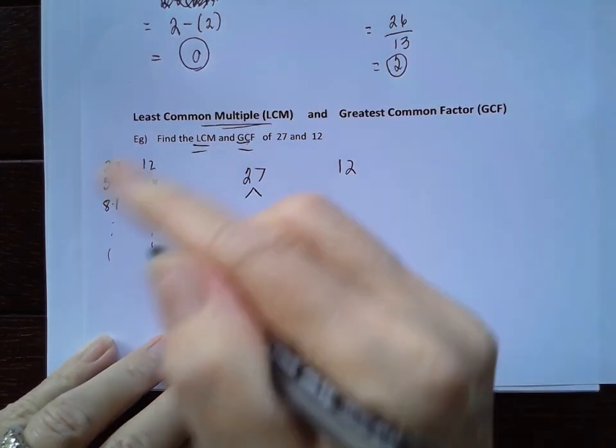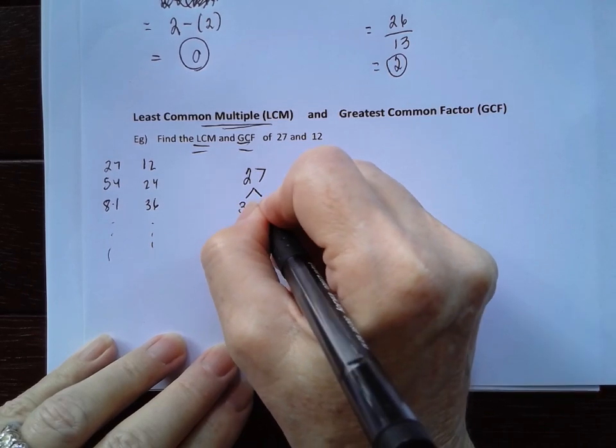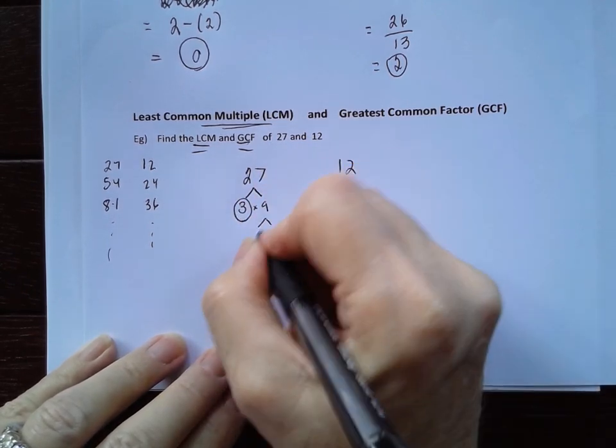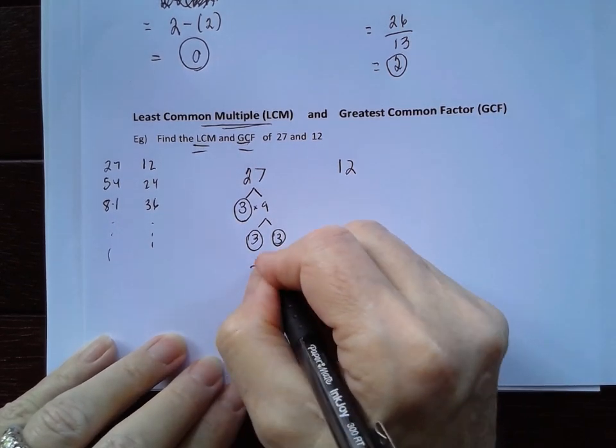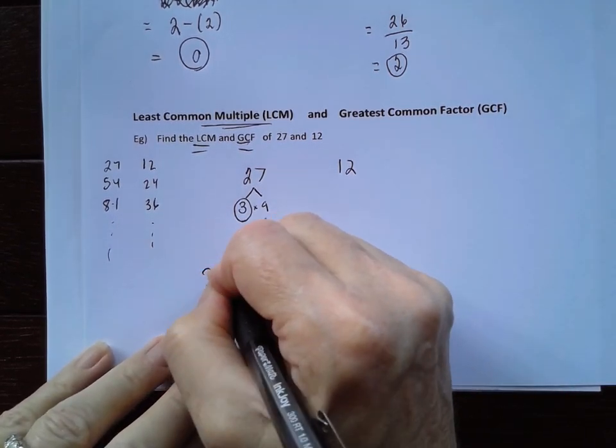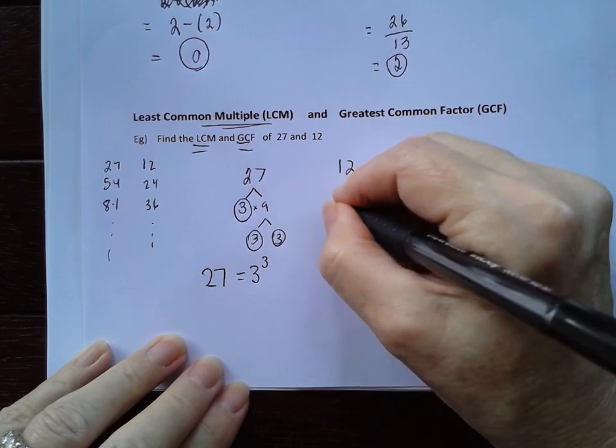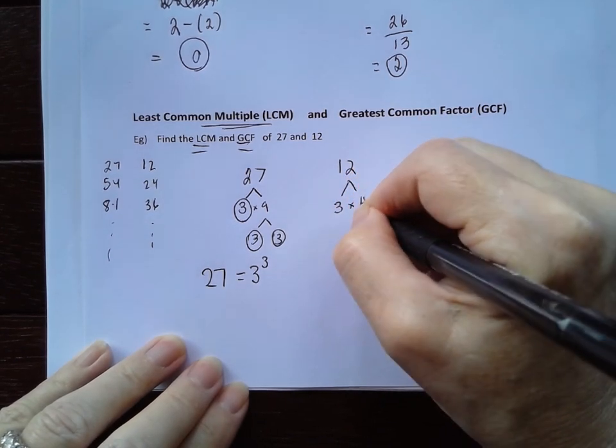So 27, let's see, that's 3 times 9, 3 is prime, and then 3 times 3. Okay, so this is 3 to the 3rd power is 27, if I wrote it like that, and 12 is 3 times 4, and this is 2 times 2.